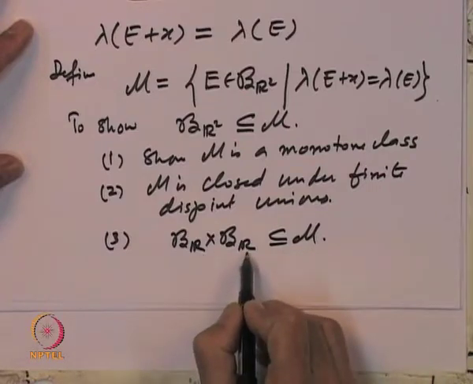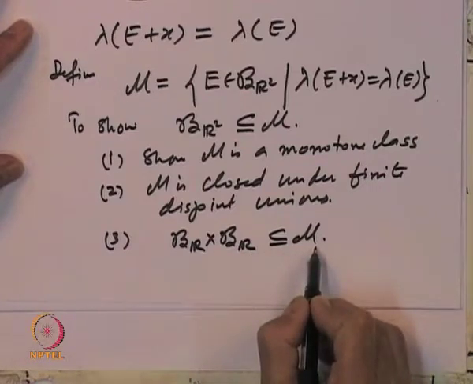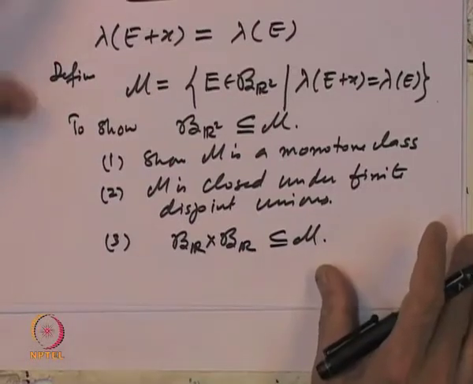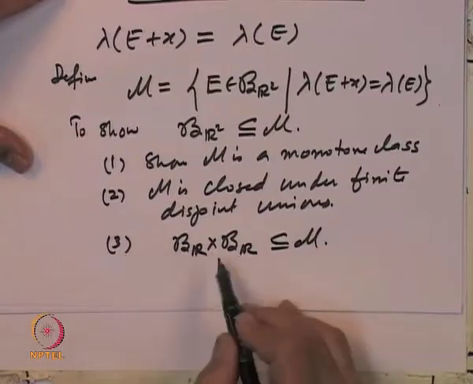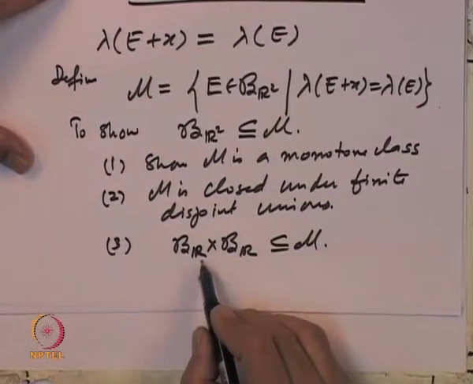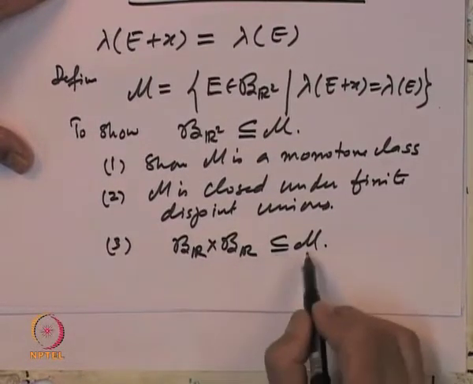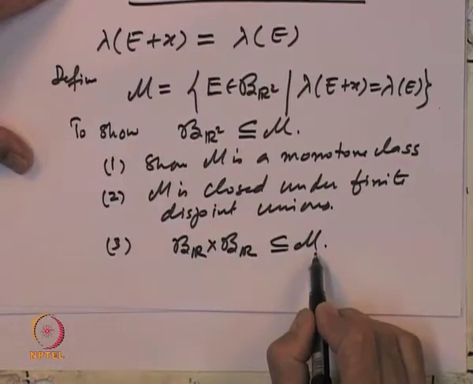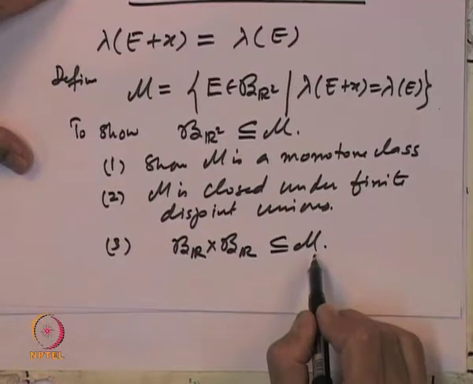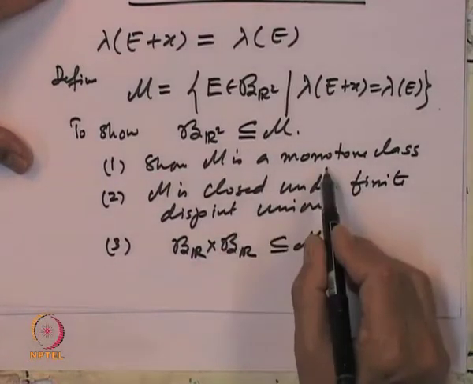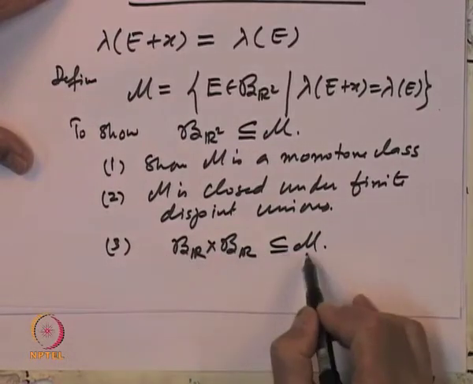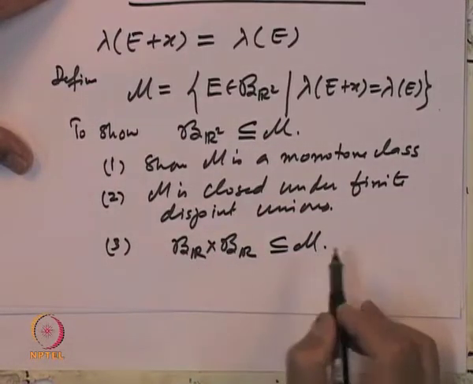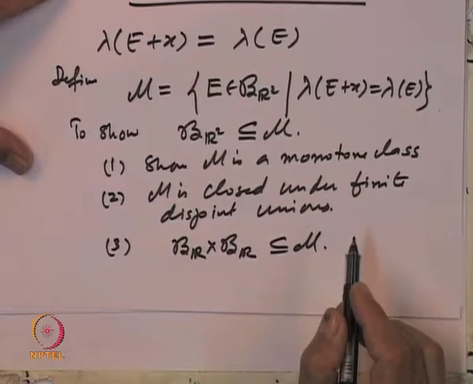The idea is that step 3 will imply that the monotone class generated by B R cross B R is also inside M. And this class is also closed under finite disjoint unions. So, the sets which are inside M will also be closed under finite disjoint unions.